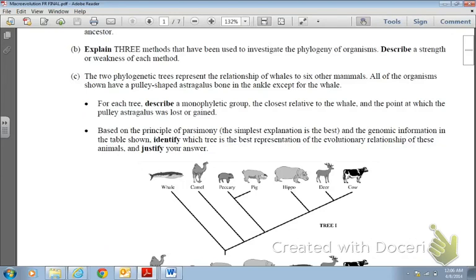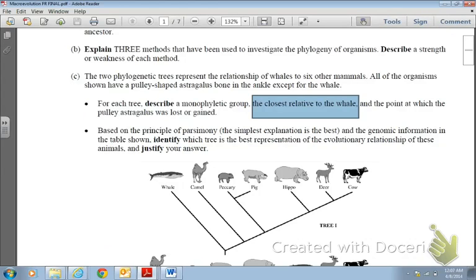Describe a monophyletic group. That's one question. What is the closest relative to a whale? So on tree 1, the closest relative to the whale is the camel. And the point at which the pulley bone was lost or gained. So we already kind of drew that out.